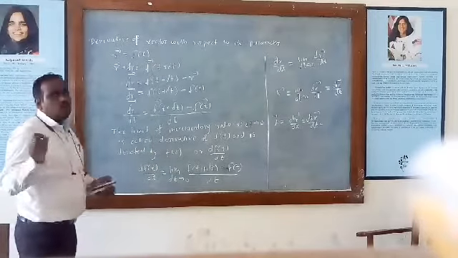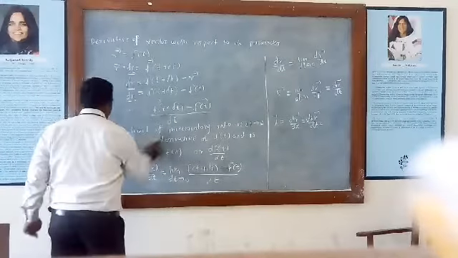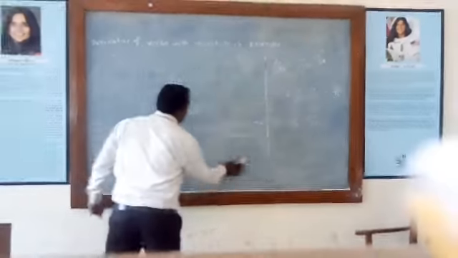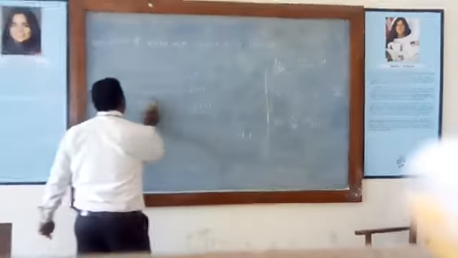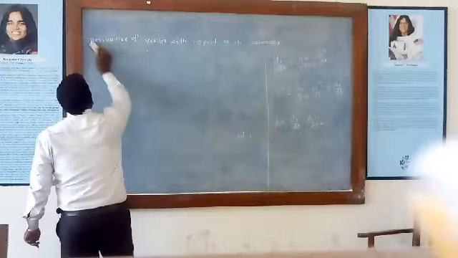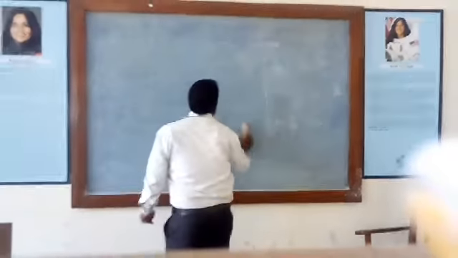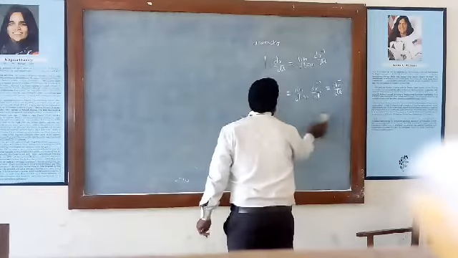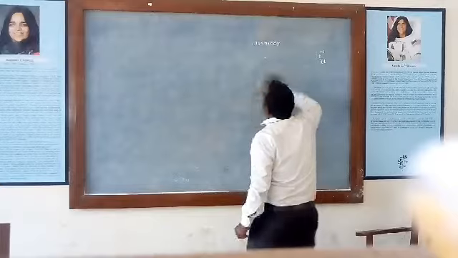Now we are going to solve some numericals: how we can calculate the magnitude of a given vector, and how we can calculate the unit vector along the direction of a given vector. Such numericals we are going to solve in the present chapter.